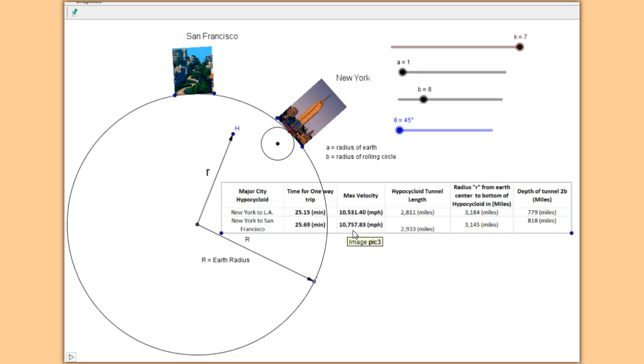The maximum velocity is 10,757.83 miles per hour. Hypocycloid tunnel length is 2,933 miles. The radius from the center of the Earth to the bottom of the hypocycloid is 3,145 miles. And the depth of the tunnel, the size of the rolling circle, is 818 miles.